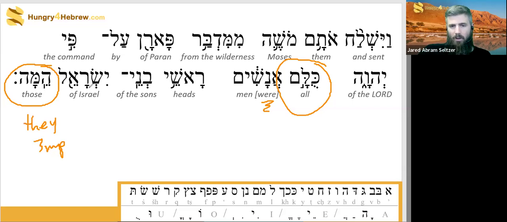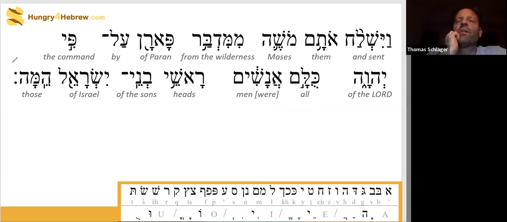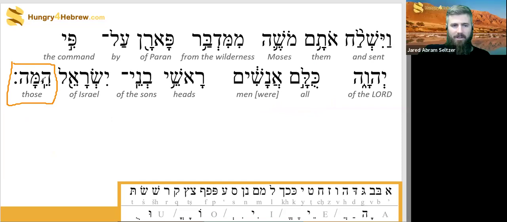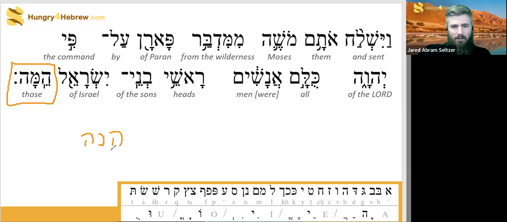Of course, in modern Hebrew, I would say hemma kulam anashim rashi b'nei Yisrael, but word order doesn't matter in biblical Hebrew, so we roll with it. This is the less common form of hemma. It might have been invented by analogy with the feminine third person pronoun henna.